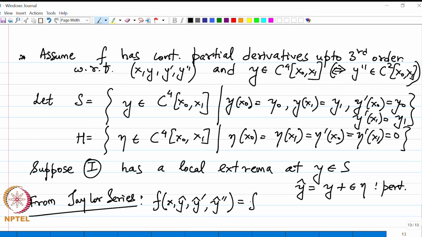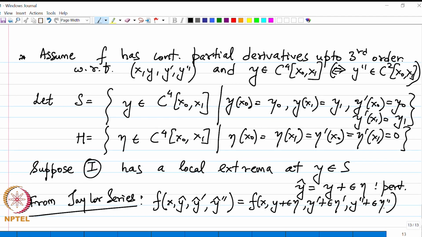So, this is also equal to f at x comma y plus epsilon eta comma y prime plus epsilon eta prime comma y double prime plus epsilon eta double prime, right.